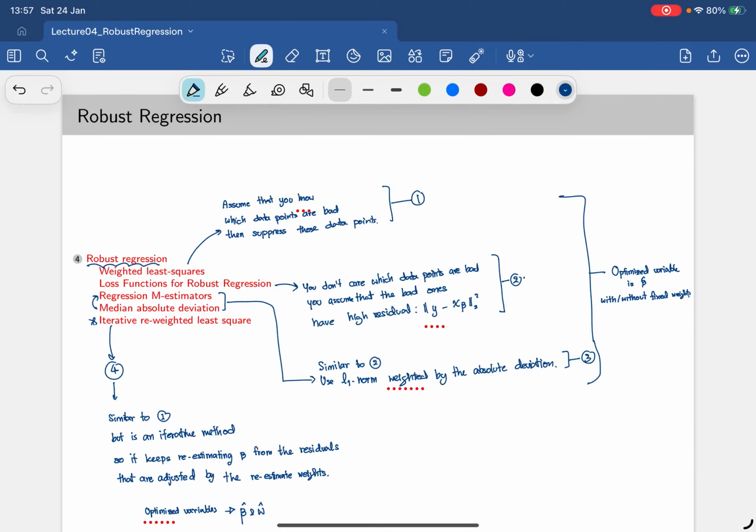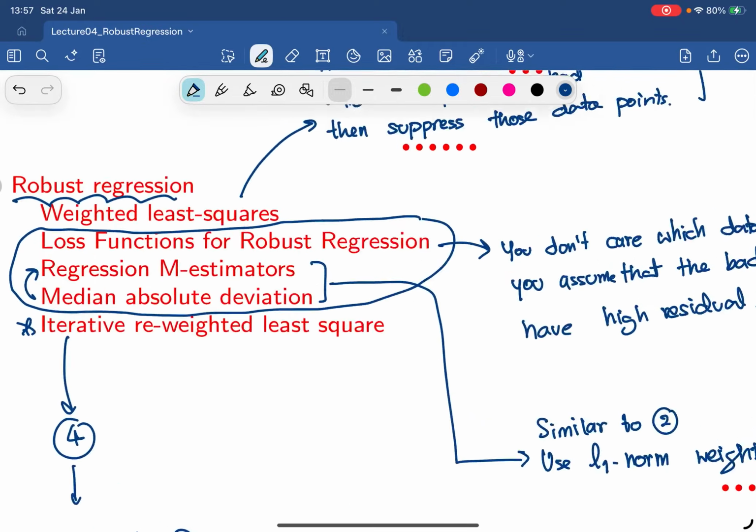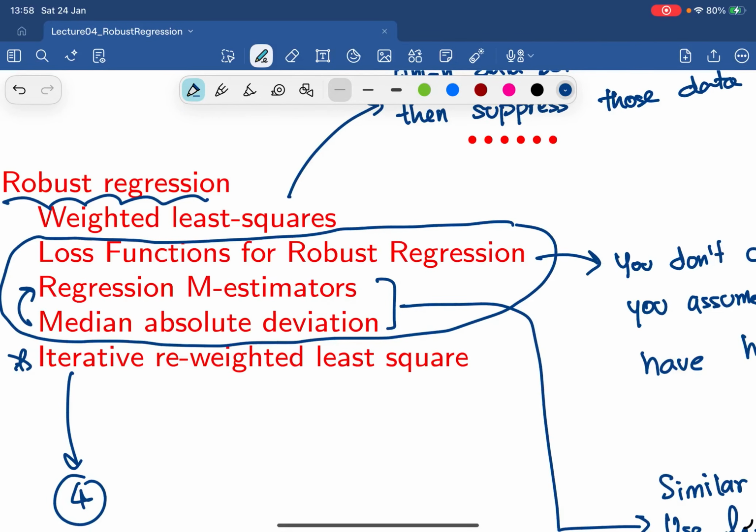Or alternatively, if we don't care about where the outliers are, we may consider the following techniques, where they only try to suppress the effect of the terms with higher residuals.